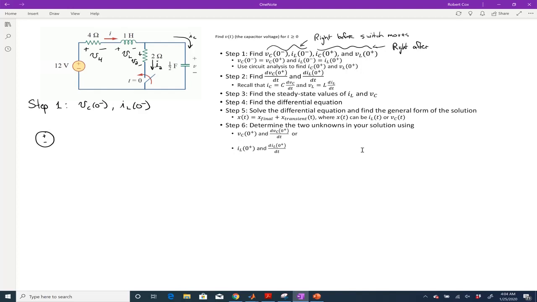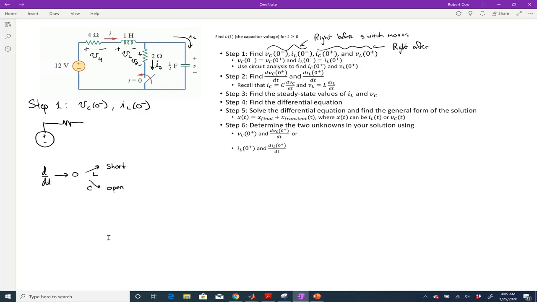So if the circuit's been in steady state for a long time, I know that all my d by dt terms have gone to 0, which basically means that my L is a short and my C is an open. All right, so a long time after all transients have died out, I know that L is a short and C is an open.